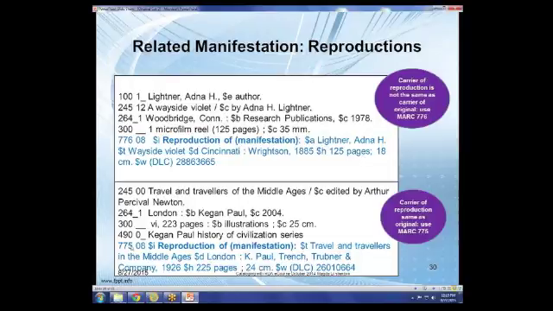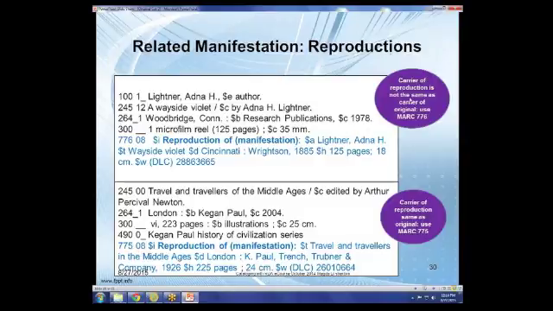Now down here we have this relationship going the other direction. It's a book that is a reproduction of another book. And this one uses field 775.